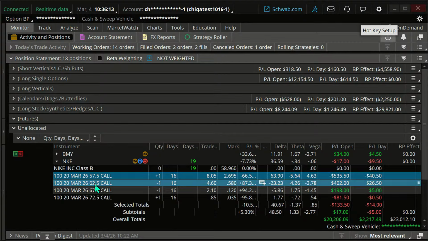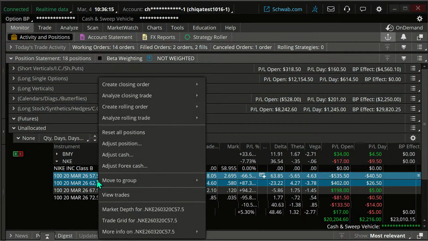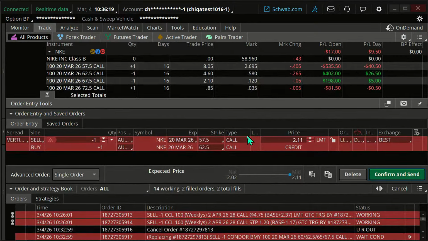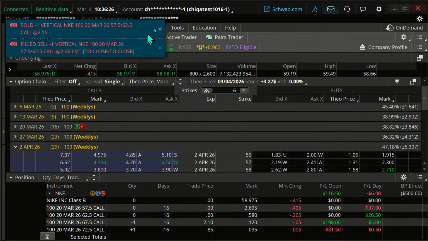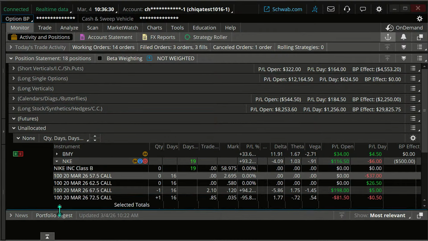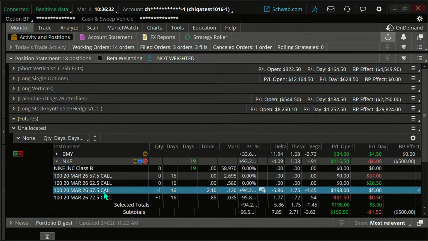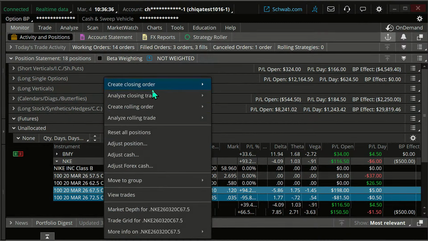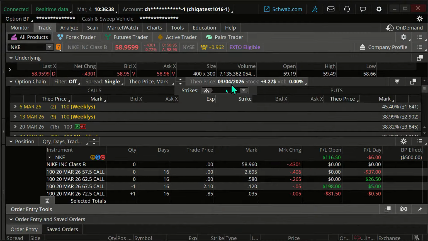I'm going to highlight those two, create a closing order, and get out of that trade to start. Send. We're out of that. And now I'm just going to follow it up with this. Highlight it, right click, and we're going to get out of this.